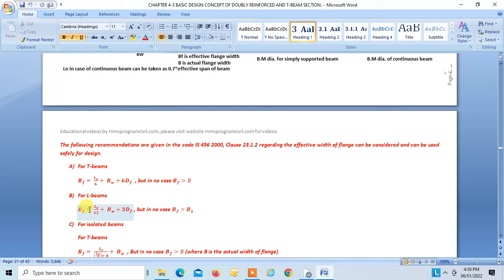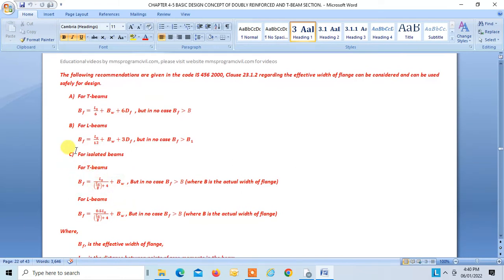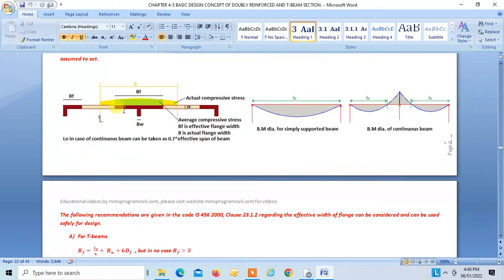So this is the formula for L beam, that BF is equal to L0 by 12 plus BW plus 3DF. If it is an isolated beam, say the beam is individual and is not a part of any slab or any other structure, in that case BF for T beam should be taken as L0 divided by (L0 by B plus 4), plus BW, where B is the actual flange width, right?